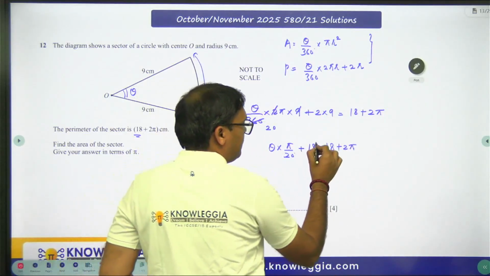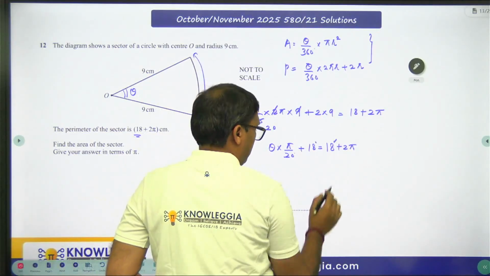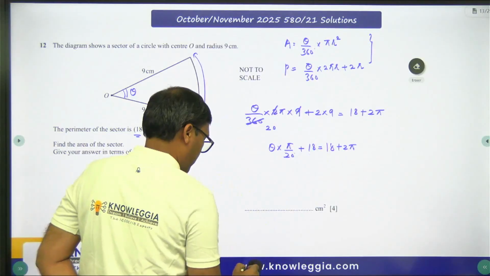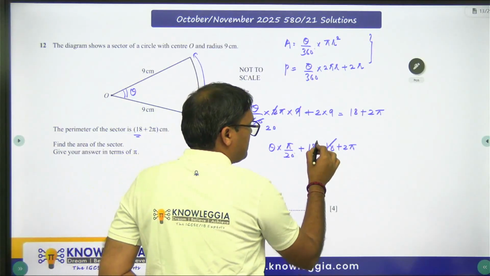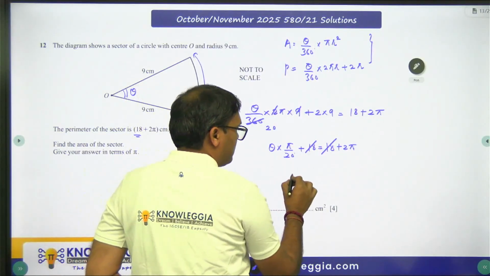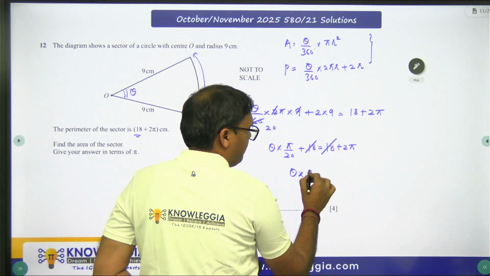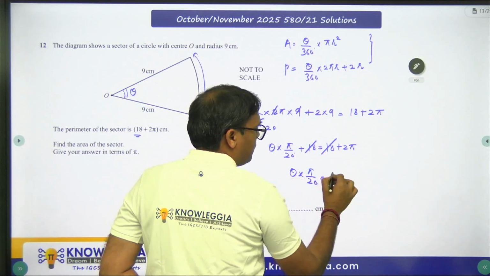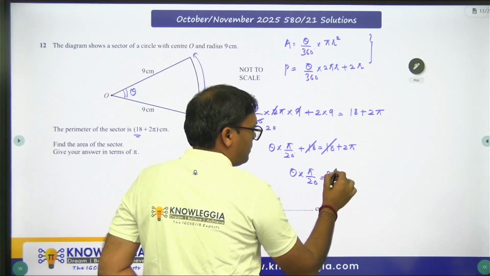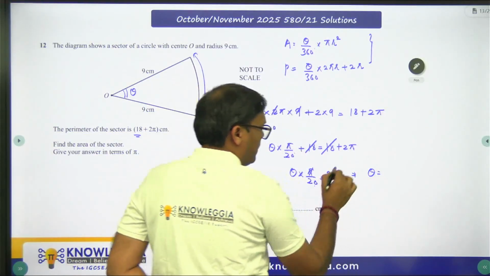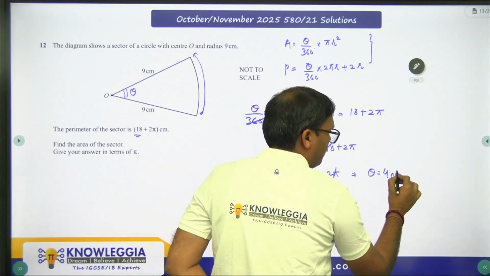Sorry, this is not degrees, this is just 18. So this 18 cancels out from both sides. So theta into pi by 20 is equal to 2 pi. So pi and pi also cancel out. So theta is equal to 20 multiplied by 2, which is equal to 40 degrees.